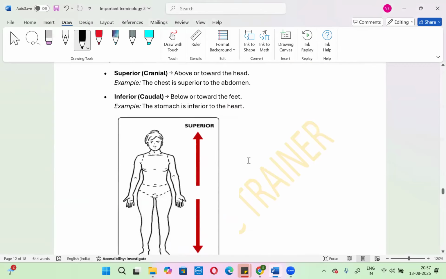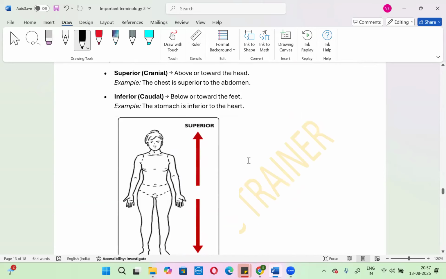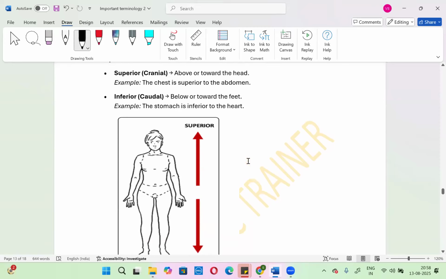Now next comes superior and inferior. What is superior? Superior is nothing but above. Inferior is nothing but below. Now if you see the example, how the chest is located.